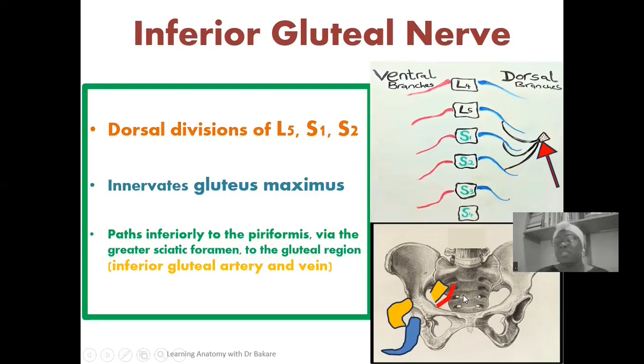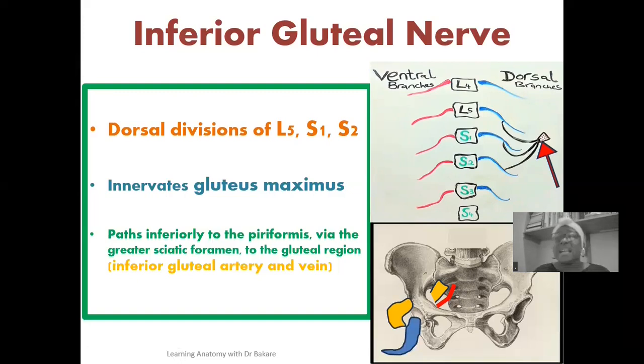If you go back to the superior gluteal nerve, you see that it passes above the piriformis because it is the superior gluteal nerve. So it's seen to run above it, while the inferior gluteal nerve is seen to pass below the piriformis. It's good for us to be able to establish the path by which these two nerves run. And you also see it running along the inferior gluteal artery and also the inferior gluteal vein.